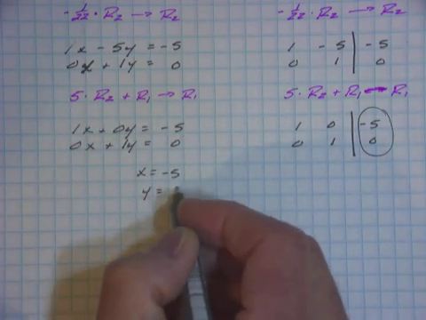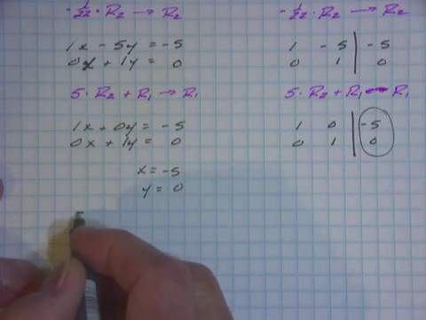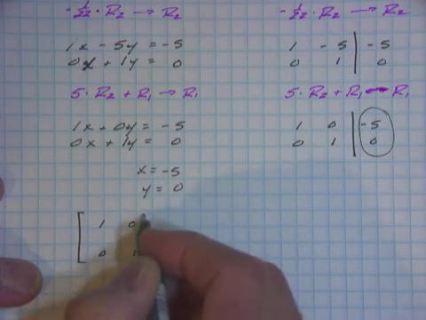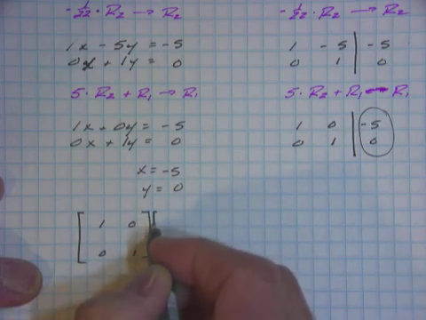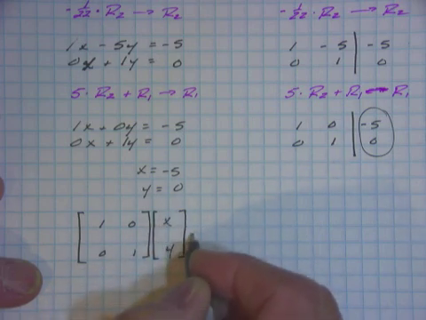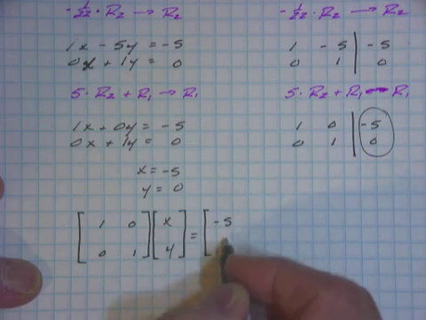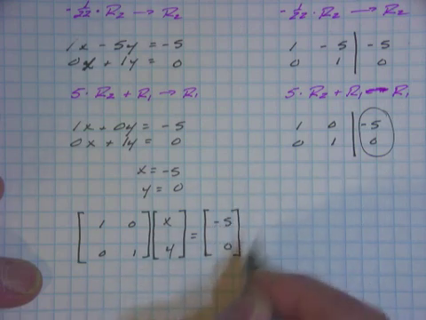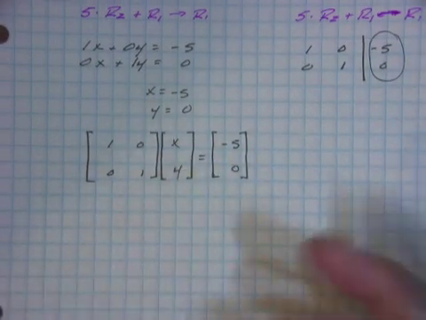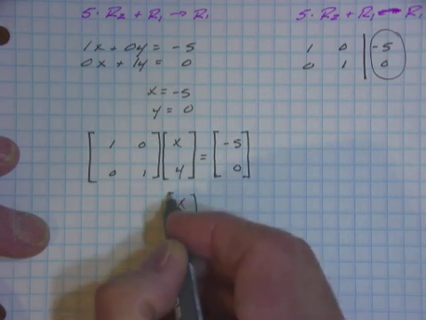But look at it over here. If we simplify this, this first row just becomes x equals negative 5, and the second row just becomes y equals 0. All right? Or in matrix form, if you like, that would be 1, 0, 0, 1 times x, y equals negative 5, 0.